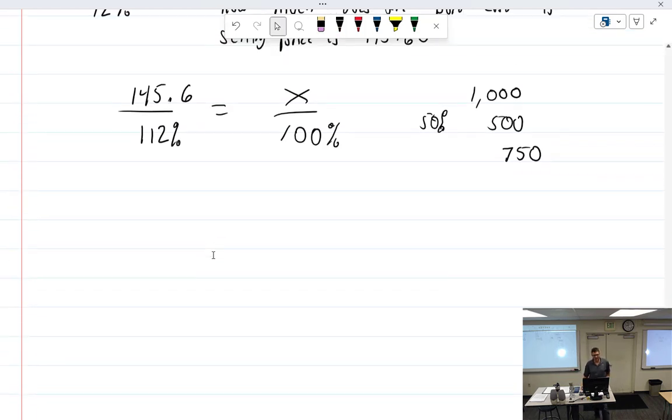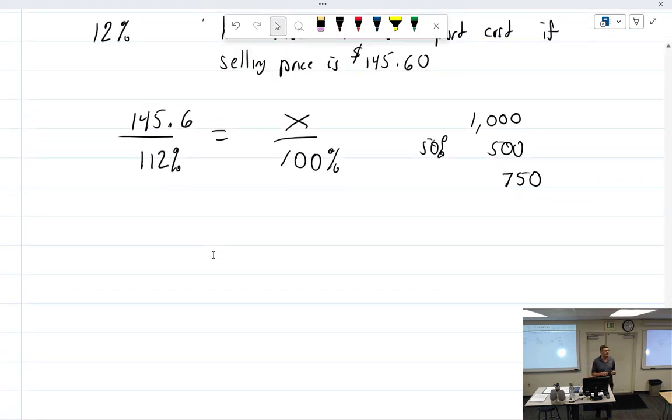That's why percentages matter. Some people ask, why can't I just say the customer paid 100% and then you paid 88%? It doesn't work that way because of the way percentages go. So what did this company pay for that?